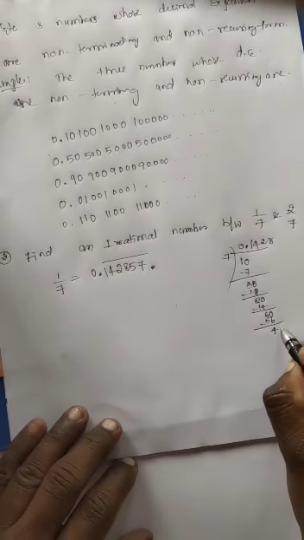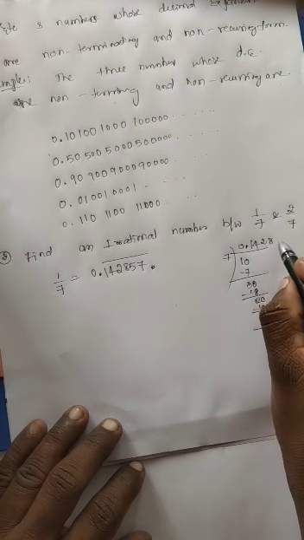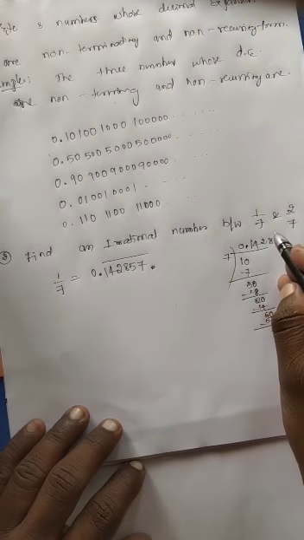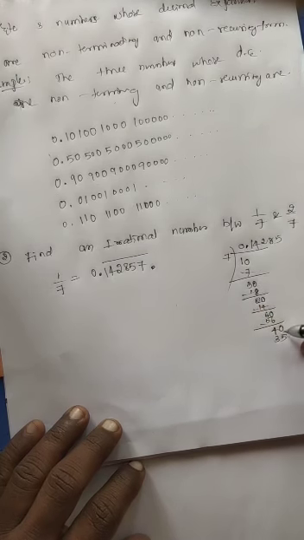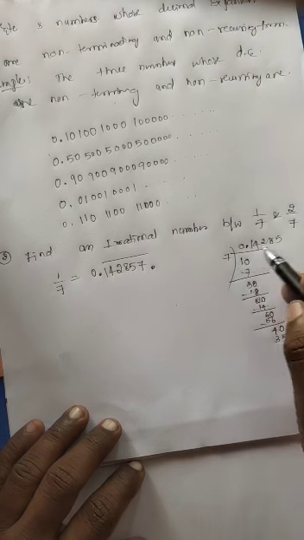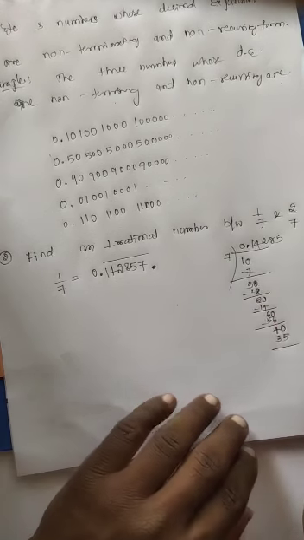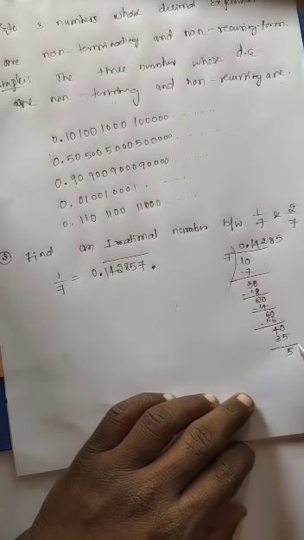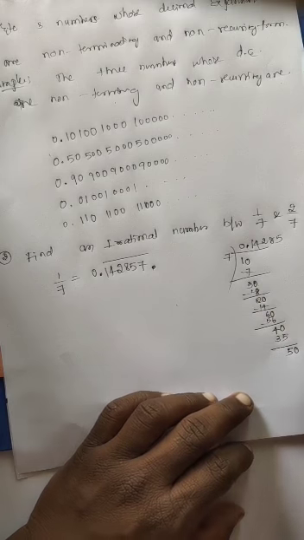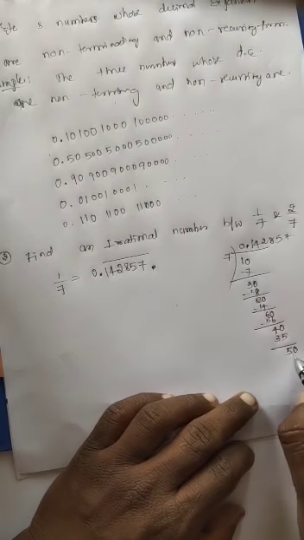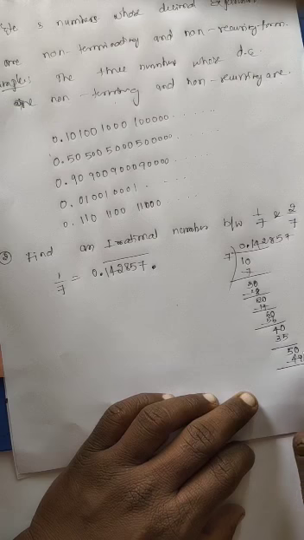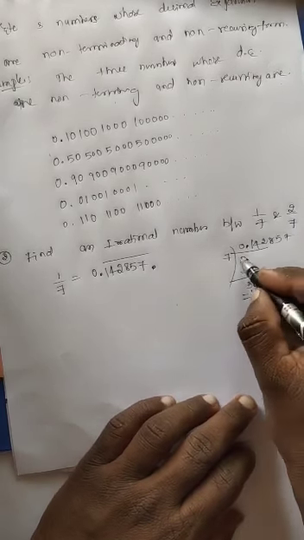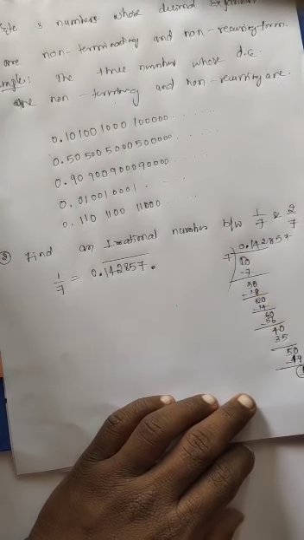By putting 0, 4 becomes 40. 7 fives are 35; we cannot take 7 sixes, 42, because 42 is greater than 40. So 40 minus 35 is 5. Then 5 becomes 50, 7 sevens are 49, and subtracting 49 from 50 we again get remainder 1.